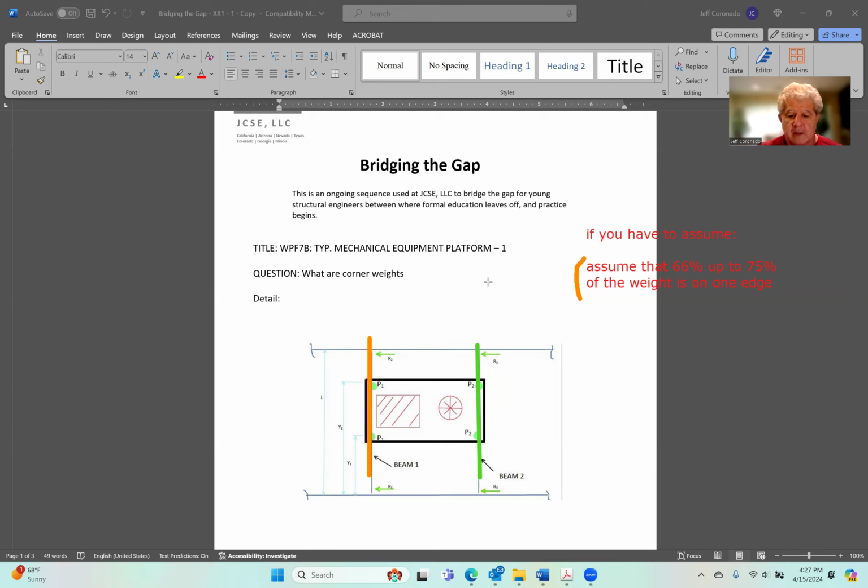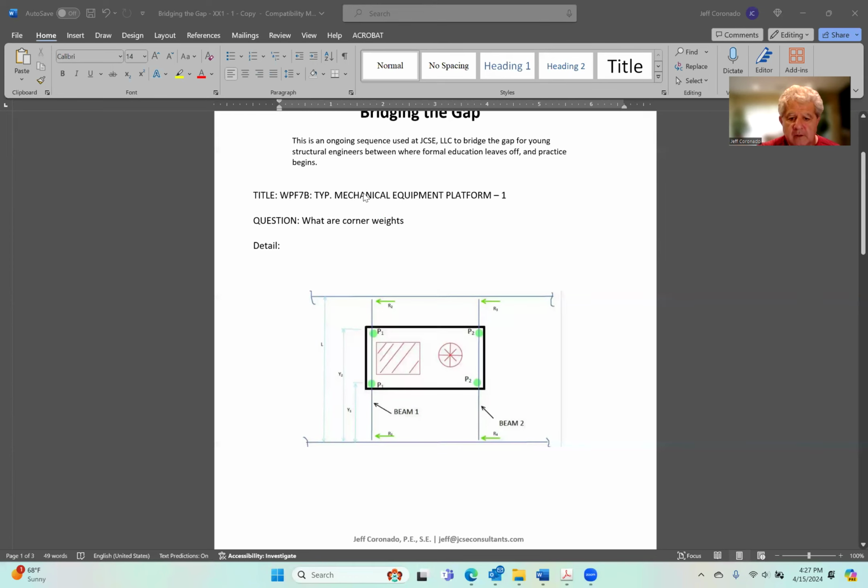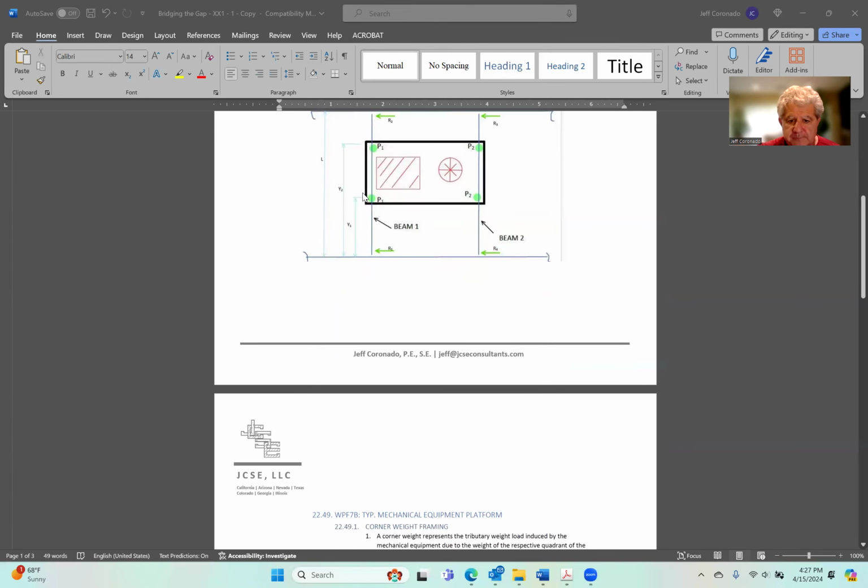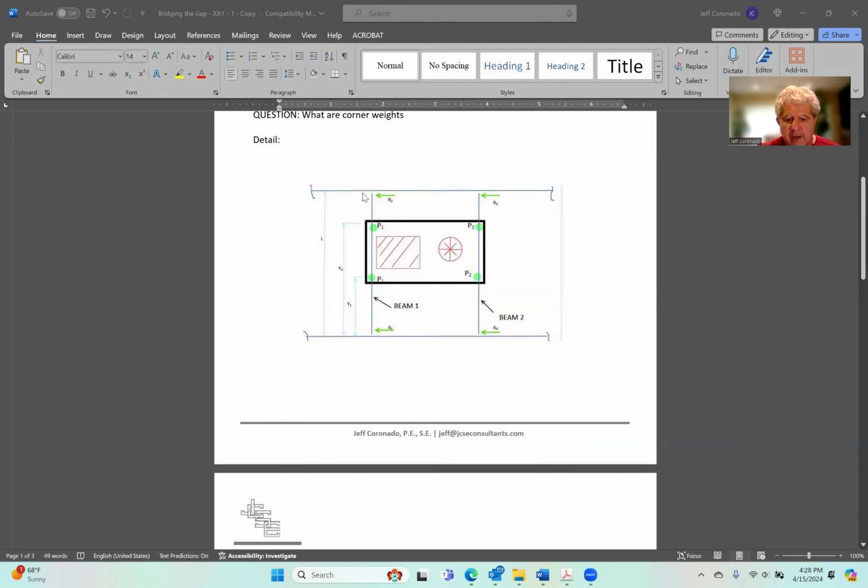Okay, let me now clear this, because I think some of this is what we wanted to cover and we've now been covering. So we see our layout. Let me enlarge this a little bit.